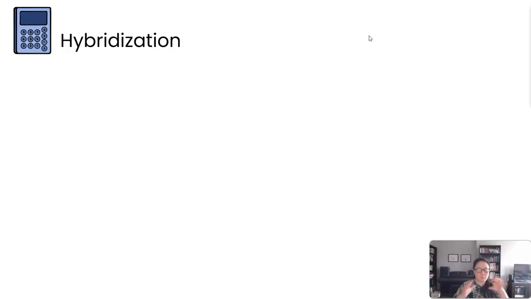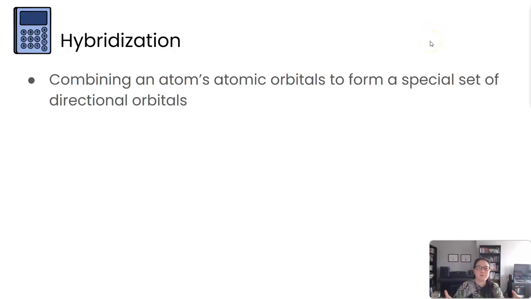So yes, an individual atom has its s orbitals, p orbitals, d orbitals, and so on, and they all have those individual shapes. But whenever you're forming covalent bonds with other atoms, you combine that atom's atomic orbitals from the valence shell all together, and then from that you separate them into a special set of directional orbitals.